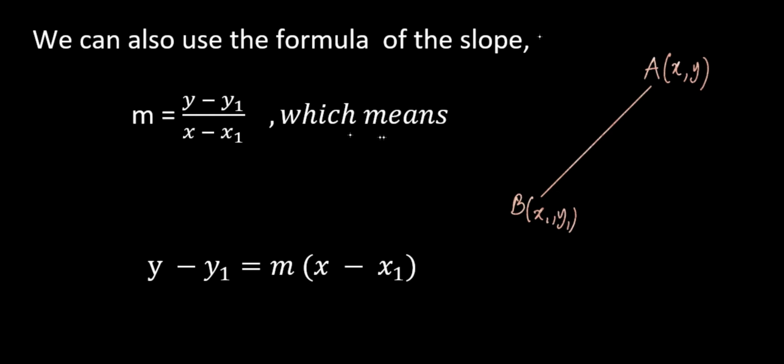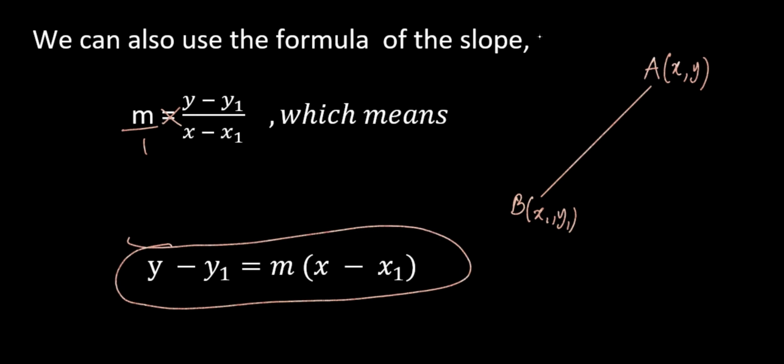If we now cross multiply, we see that y minus y1 will multiply 1, and the m will multiply x minus x1. So we have another formula that we'll be using to solve our equations of a straight line. This is what we'll be using.